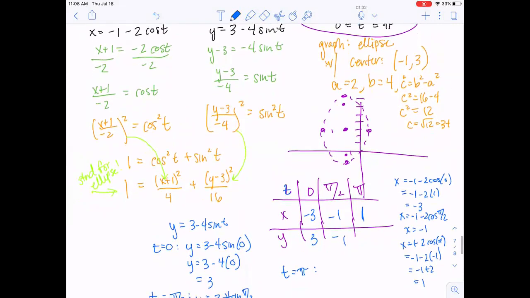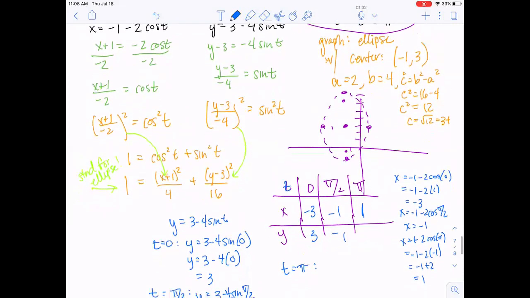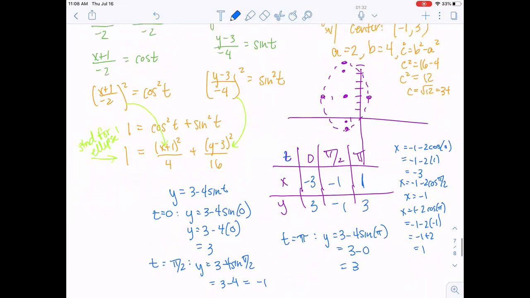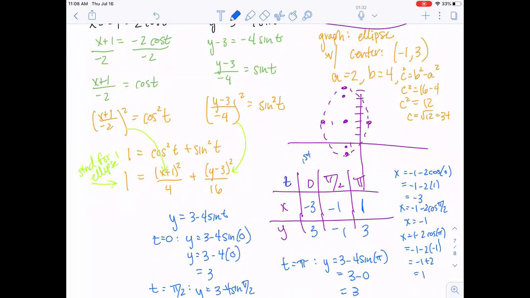When we plug in pi, we have y equals 3 minus 4 times the sine of pi. The sine of pi is 0, so 3 minus 0, which is 3. So this will be our first ordered pair, our second, and our third.